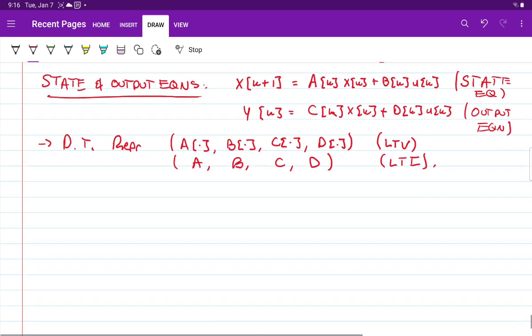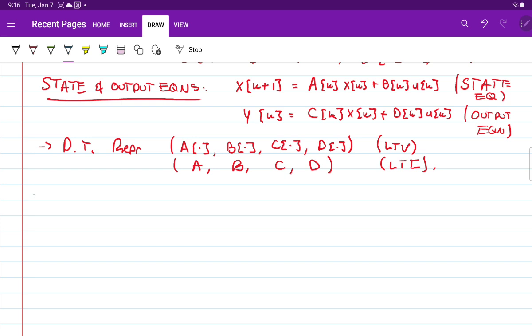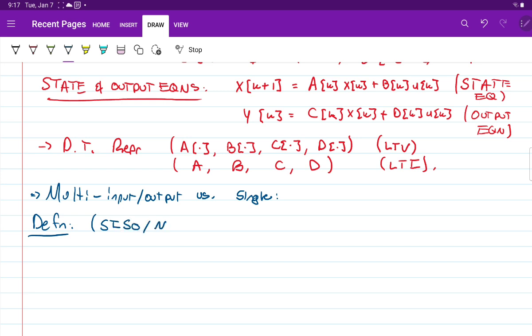Okay, so before we wrap up, we have one more distinction to make. Multi-input multi-output versus single. Okay, this leads us to the definition of SISO / MIMO.